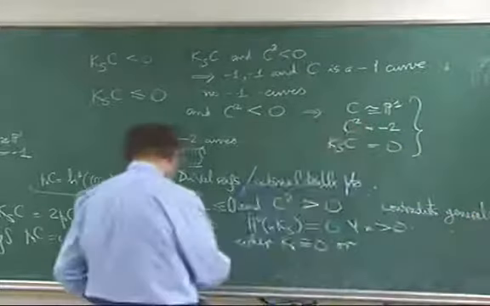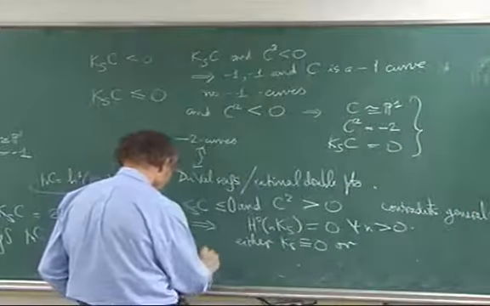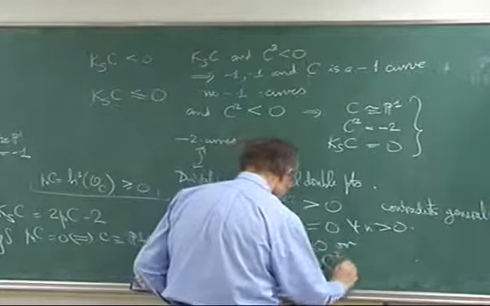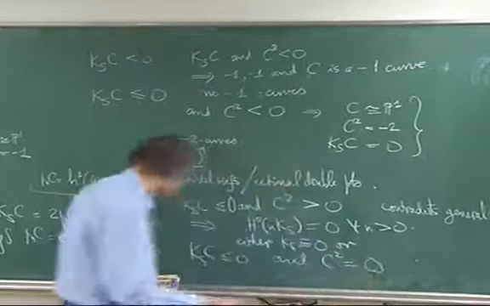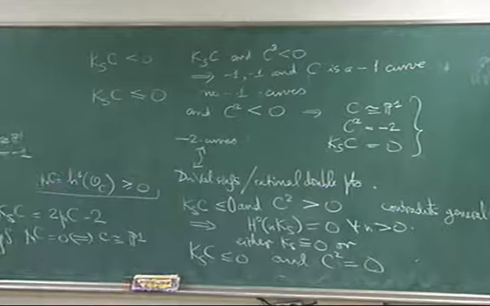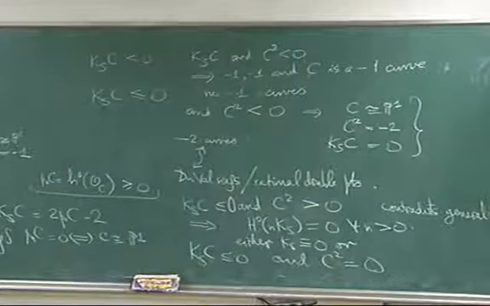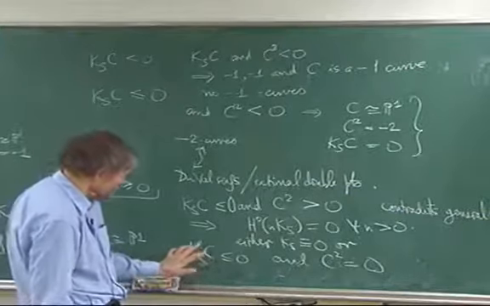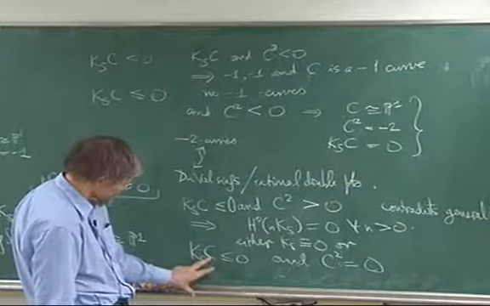And then if Ks times C is less than or equal to 0 and C squared equals 0, then basically the same thing happens. Right? If the Ks were ever an effective divisor, then it's got to be an effective divisor that meets this C negatively.